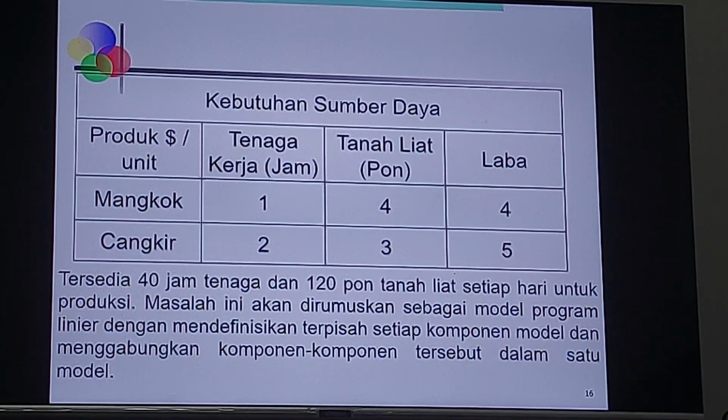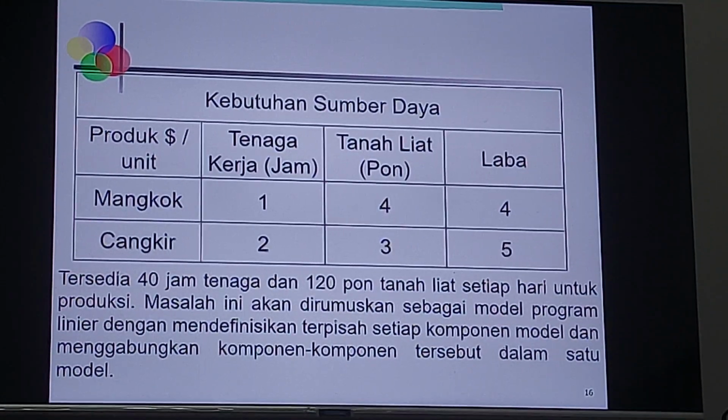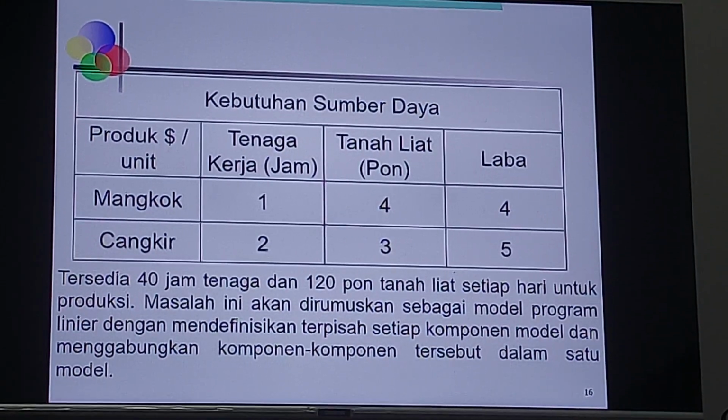If we make 1 bowl and 0 cups, we will use how many hours? 1 bowl, which is mangkok, and 0 cups, which is cangkir. How many hours do you use? 1 hour. You have only 1 bowl. So you already use 1 hour out of 40 hours.